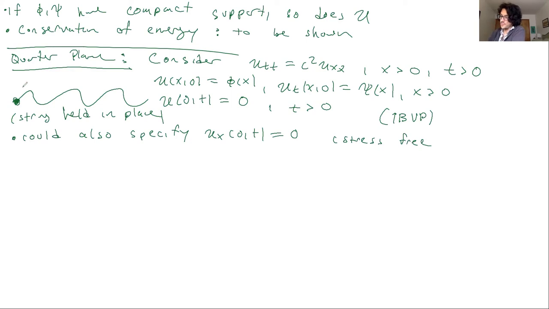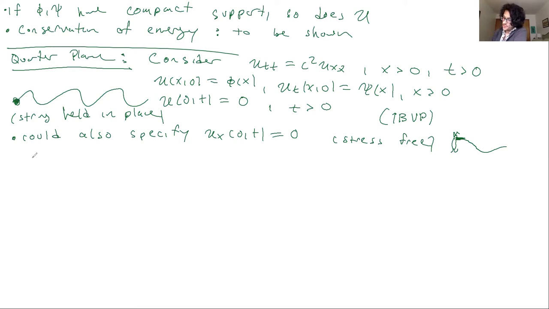So in that case, you would fix the string to have 0 spatial derivative at the boundary, but maybe it can slide up and down a wall. Maybe it's held in place in some sort of a slider that slides it up and down. But we're going to look at the case where the string is just directly held down.